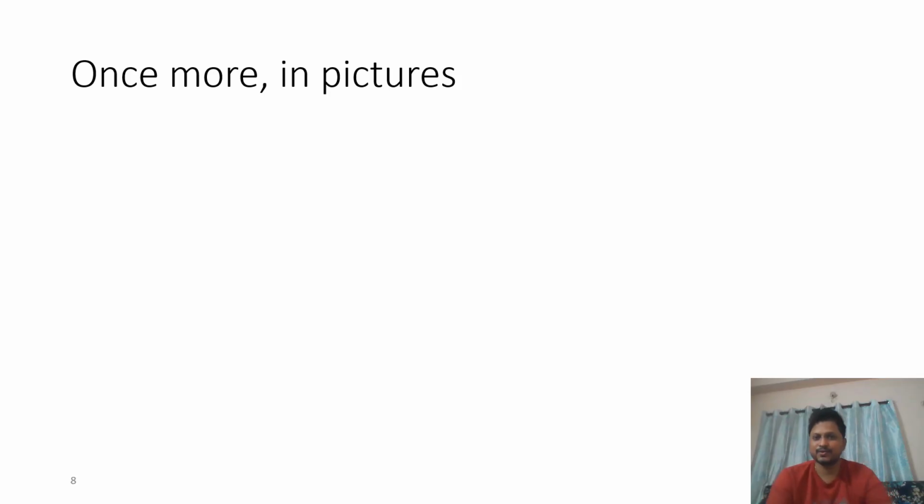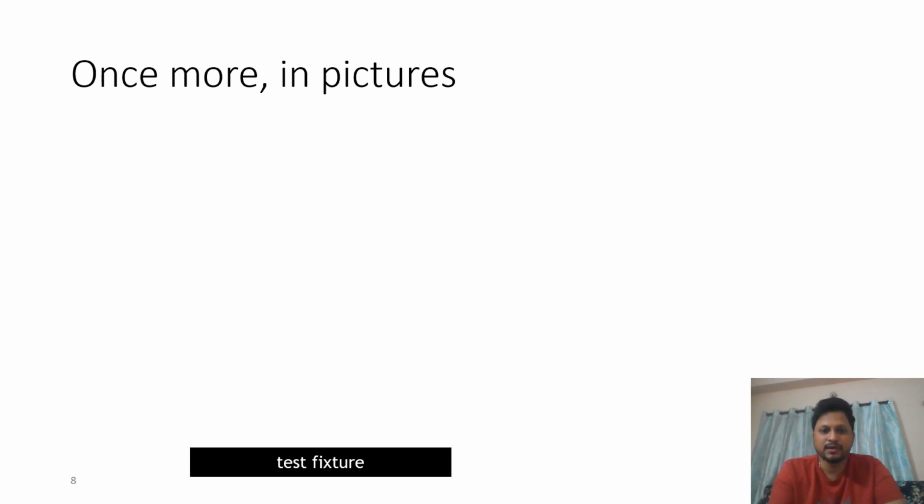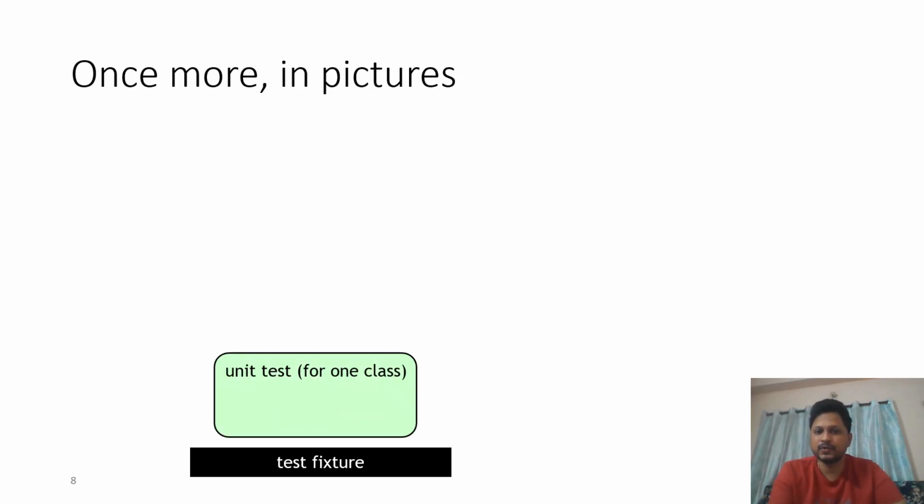One more thing to show is how the test run happens. This is a picture I am showing. We have the test fixture that we need to implement, and after that the unit test.